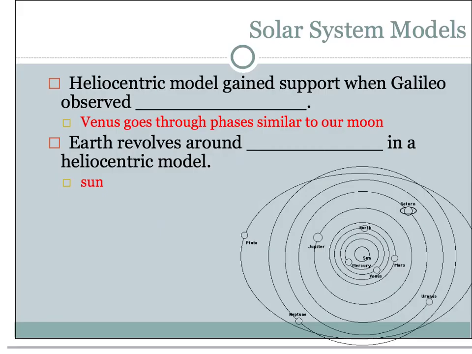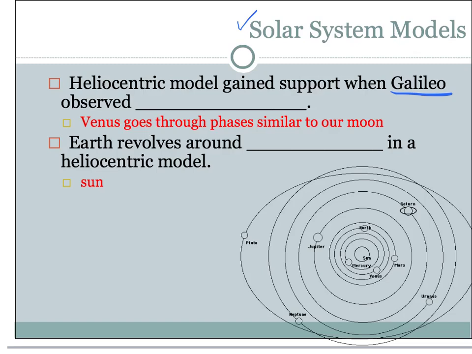Okay, so we're going to start with the solar system models box first. Take a look here, find the box, top left-hand corner of your study guide. Heliocentric model gained support when Galileo, someone you should certainly have heard of before, observed what? He observed that Venus goes through phases similar to our moon.